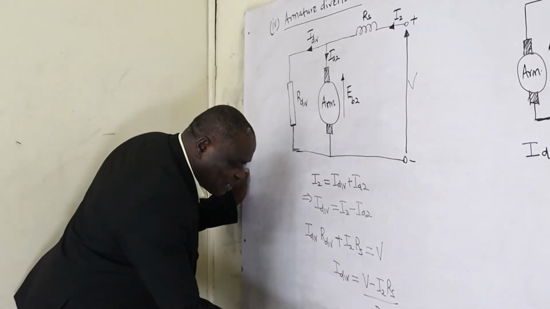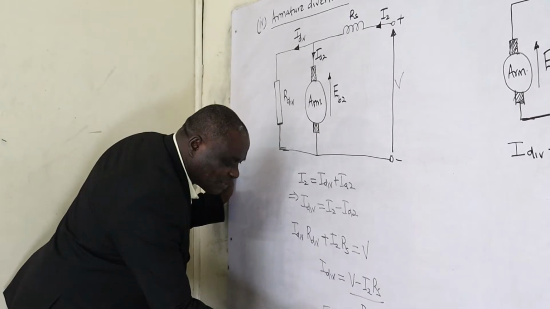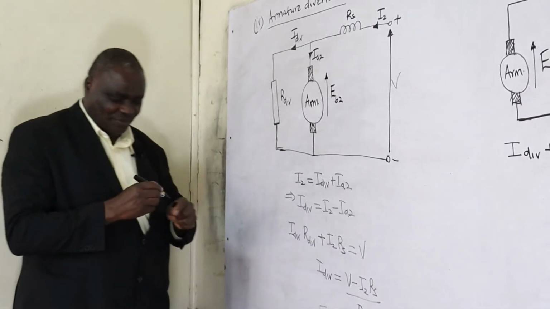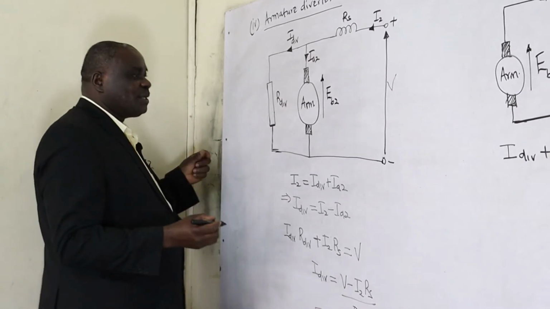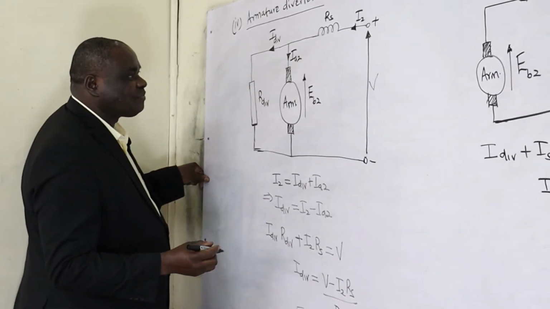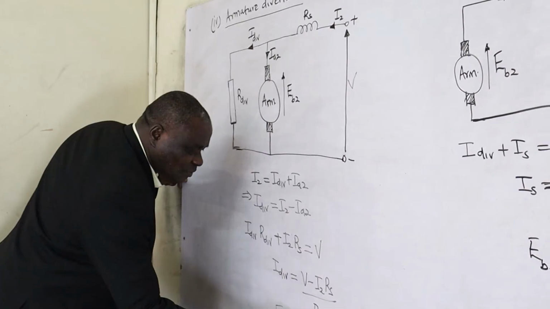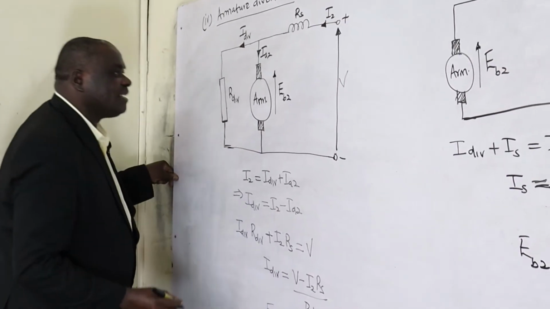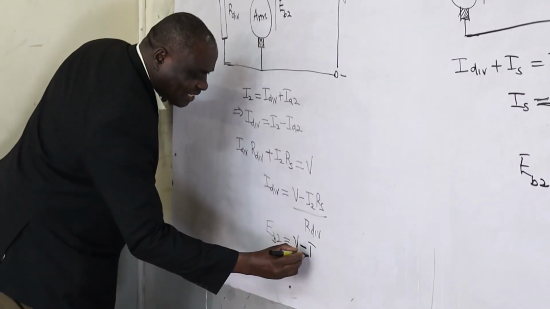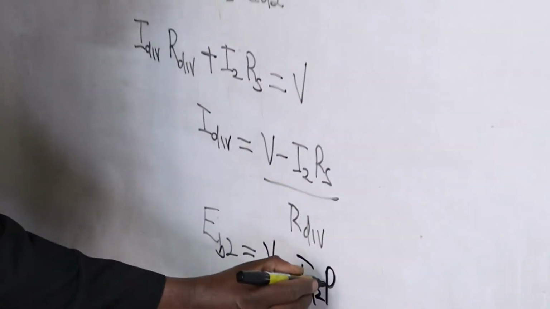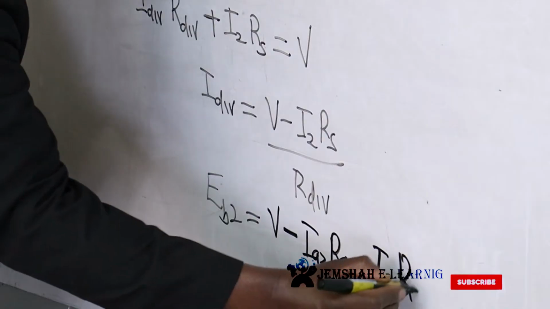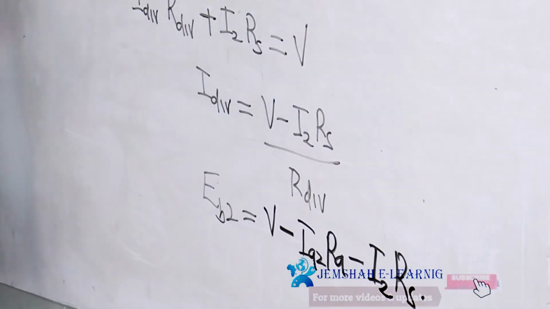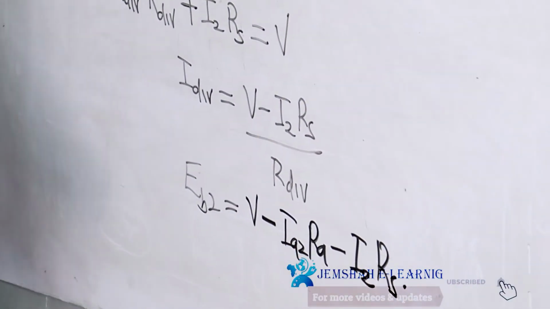So EB2 will be equal to V minus IA2 RA minus I2 RS minus I2 RS.